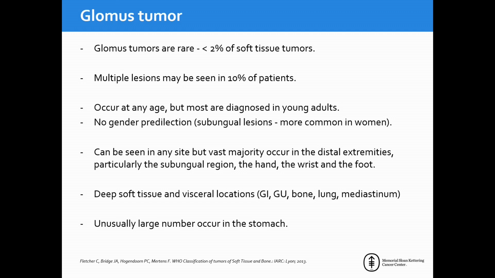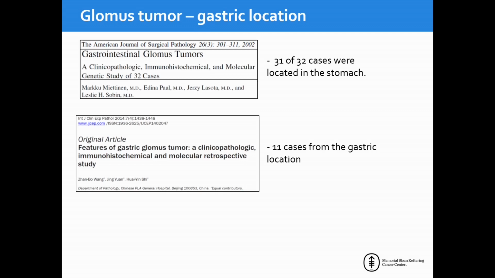But unusually, large numbers of them occur in the gastric location, in the stomach. This is a paper from the AFIP, where they looked at 32 of their cases of glomus tumors involving the gastrointestinal tract, and 31 of the 32 cases were in the stomach.